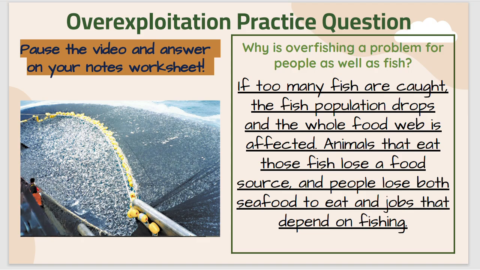So humans are affected because they lose a food source and a job source. Fish are affected, or the ocean ecosystem is affected because part of the food web is lost, which can affect all of the other organisms, can cause that ripple effect.